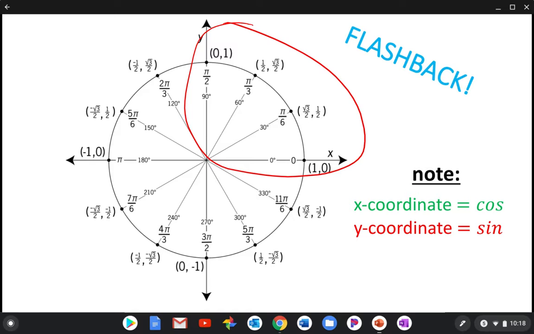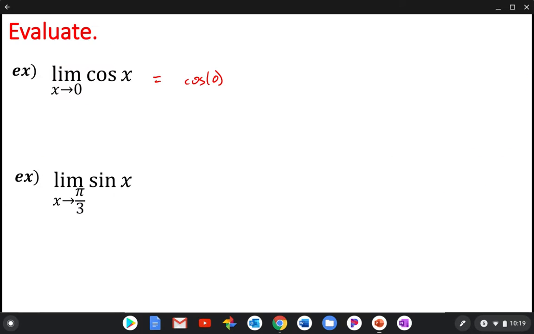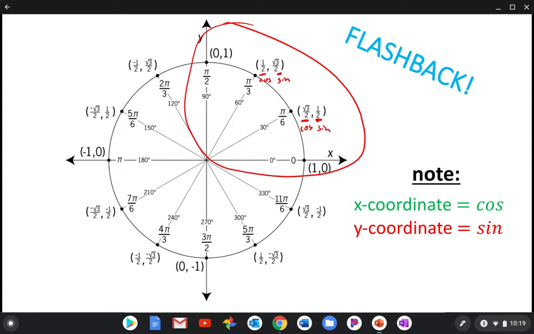One key thing to remember also is that the x-coordinate, so like here, represents the cosine, and the y represents the sine. So that is true for all of them. So the x is the cosine, the y is the sine. That is important because, just a refresher, if we're asked to find the cosine of 0, what we do is we find 0, and we'll always be referring to radians in calculus as well.